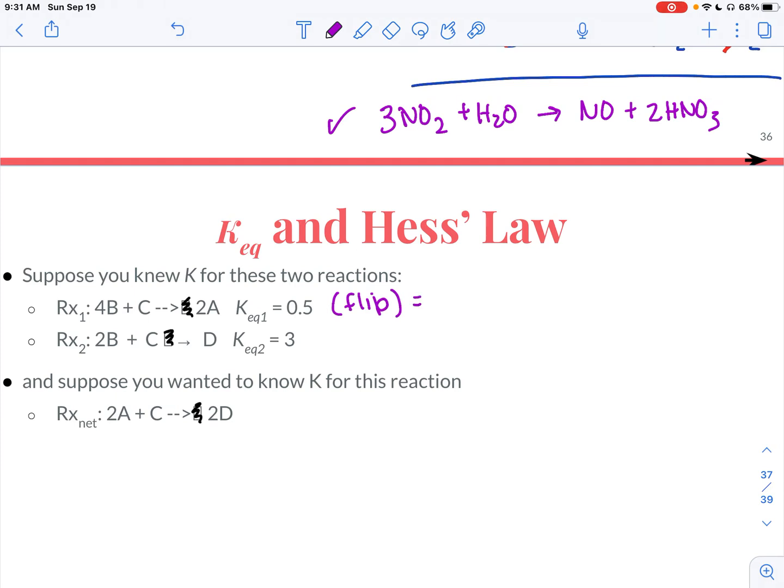So we're going to do 2A gives us 4B plus C. And then here, C shows up in 2 places. So I'm just going to go straight to D. D shows up just here, but we need to multiply this by 2.